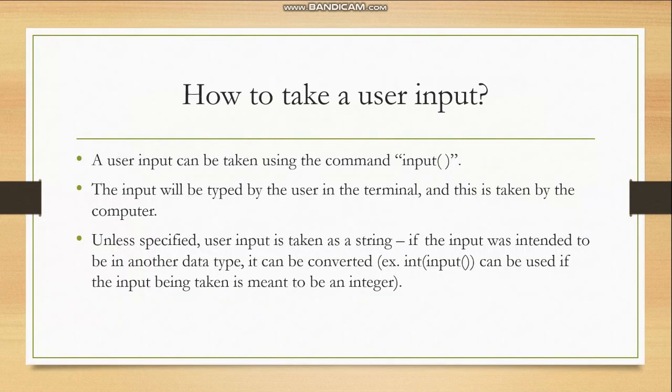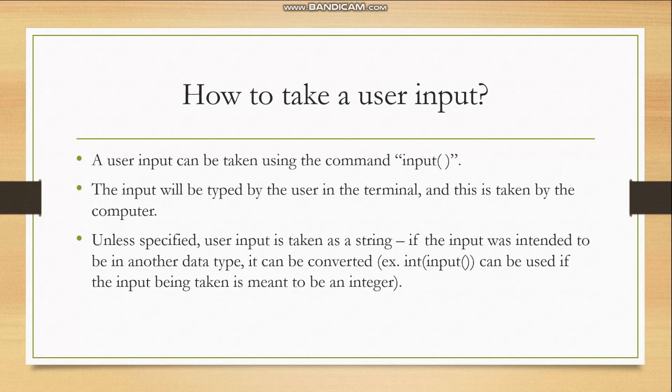Now, a user input can be taken using the command input. Pretty straightforward. And how it works is you type the input in the terminal, and this is taken by the computer, and it does whatever it wants with it. And unless specified, you have to keep this in mind, the user input is taken as a string. So if the input was intended to be another data type, it has to be converted as you take the input, right?